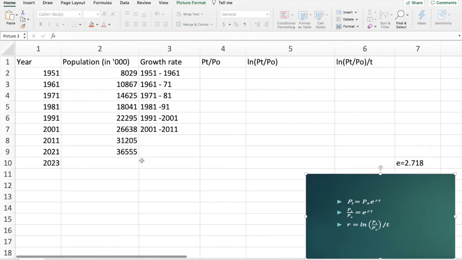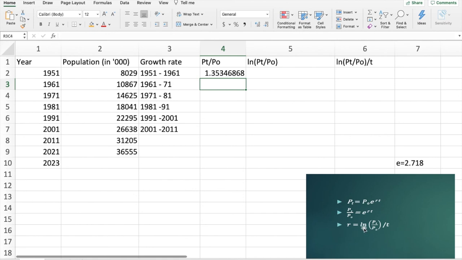Let us calculate the growth rate using this exponential growth formula for 1951 and 1961. First P(t) by P naught, where P(t) is this one divided by P naught, this one, equals this value.